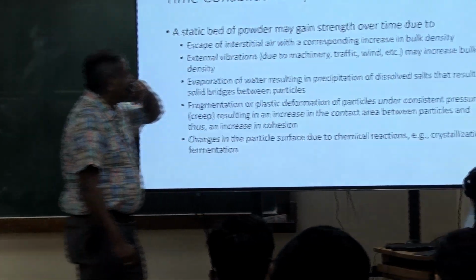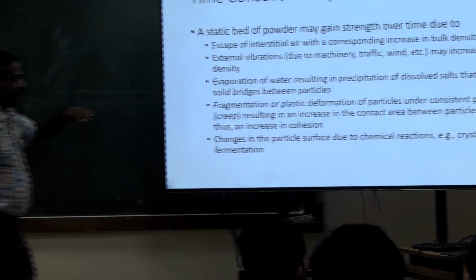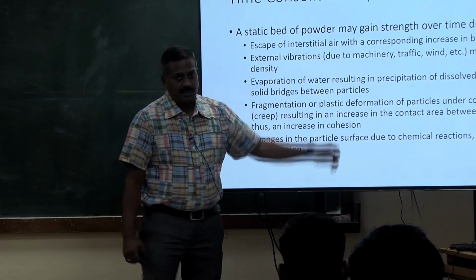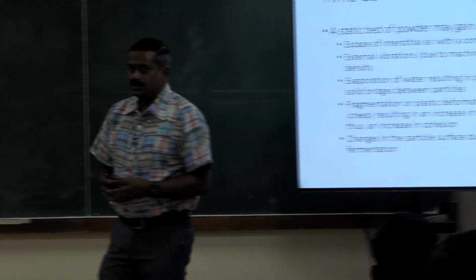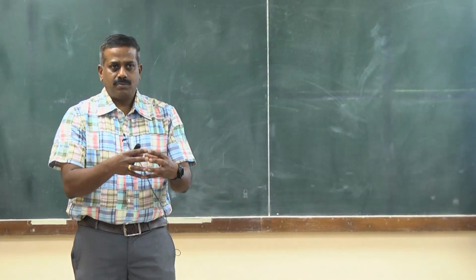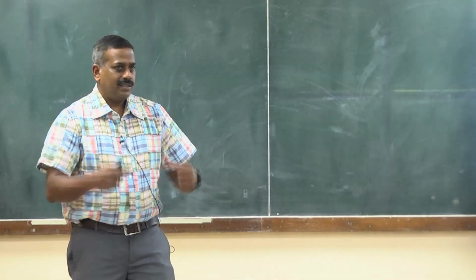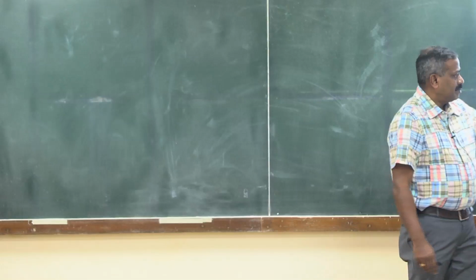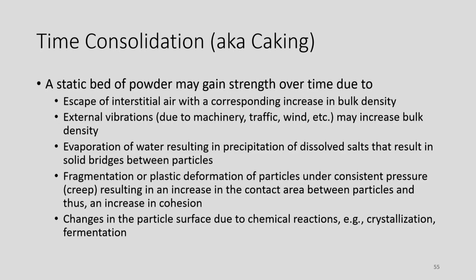So it gains strength, mainly losing permeability and losing interstitial air spaces, and the powders become more cohesive. There could be some moisture absorption and adsorption that leads to bridging between particles, and then they can cake too. Other causes are fragmentation, plastic deformation, and chemical reactions.